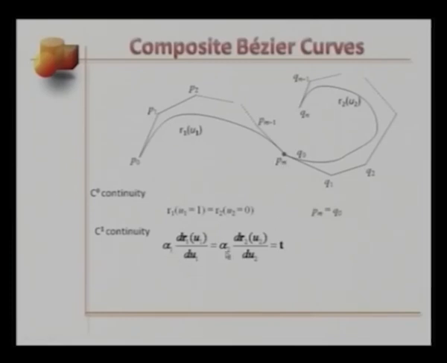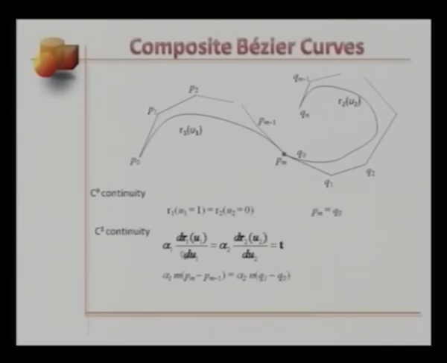Alpha 1 and alpha 2 are scale factors such that these 2 terms represent the unit tangent T at this point. Recall from our discussion on Bezier segments as to how the first derivatives are computed.